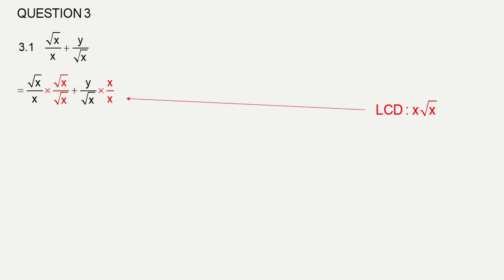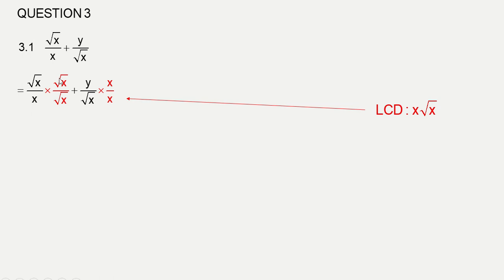The third question, which is the final question for this test, you are given root x over x plus y over root x. So if you look at your denominators, this will be your LCD. So a smart way of doing this is to multiply with a special one such that you get your LCD.